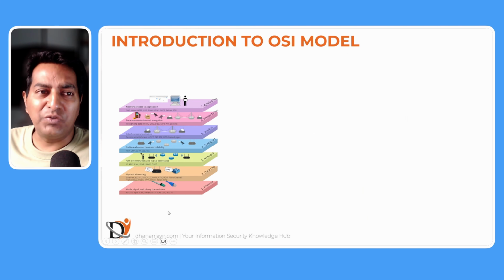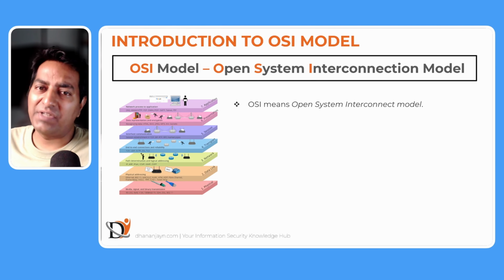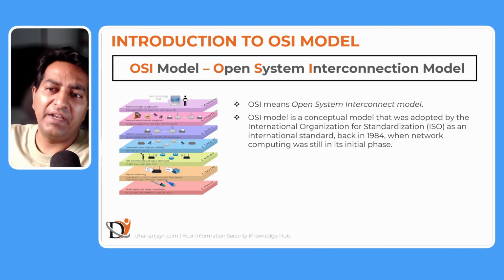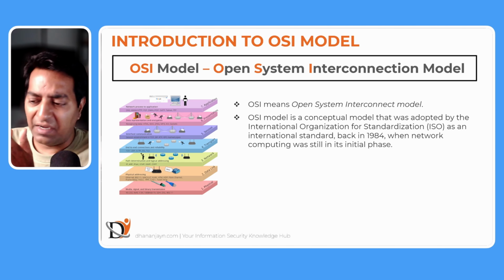So, moving to the introduction. Let's talk about the OSI model, which stands for Open System Interconnection Model. This model was a game changer when it was adopted as an international standard by the International Organization for Standardization in 1984. At that time, network computing was just taking off.